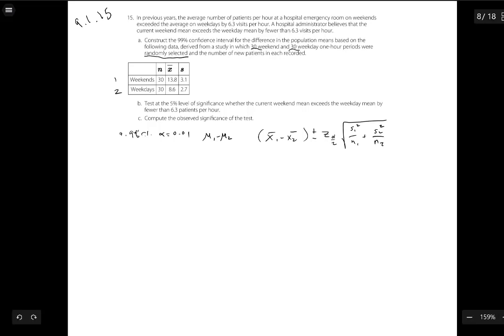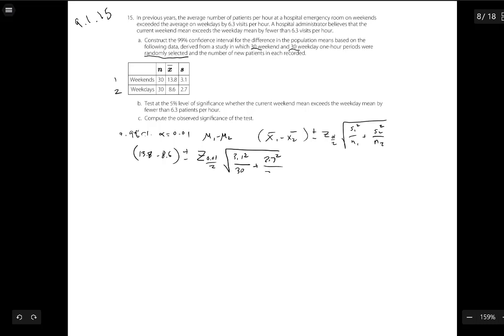We looked at this there in number 13. Let's continue on with this example. As we put numbers in, we've got our 13.8 minus our 8.6, plus or minus z at 0.01 over 2, and the square root of 3.1 squared over 30 plus 2.7 squared over 30.